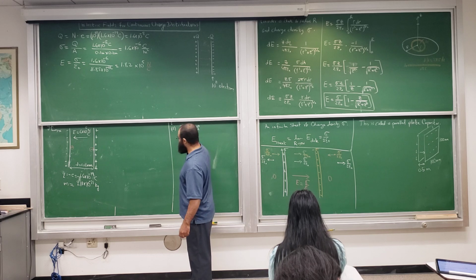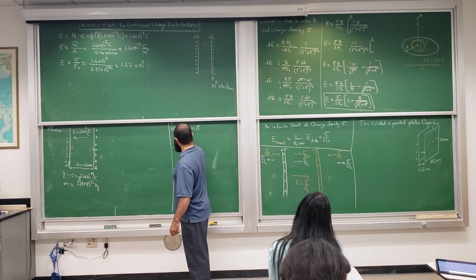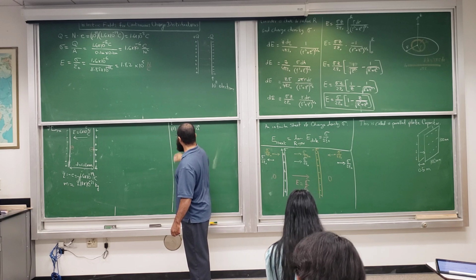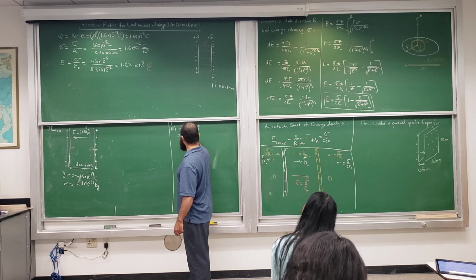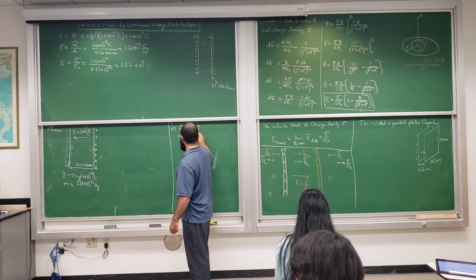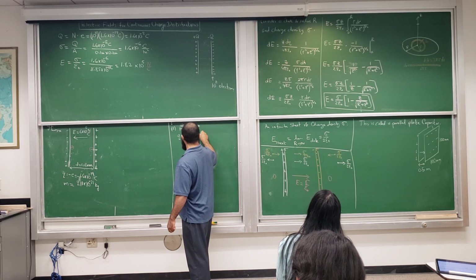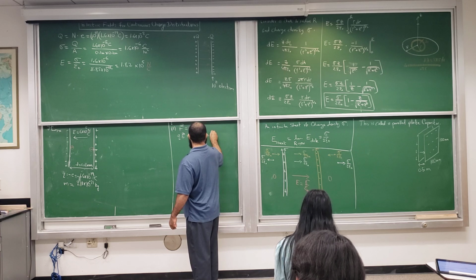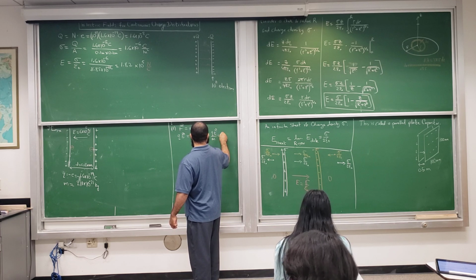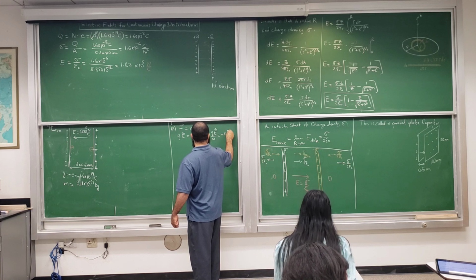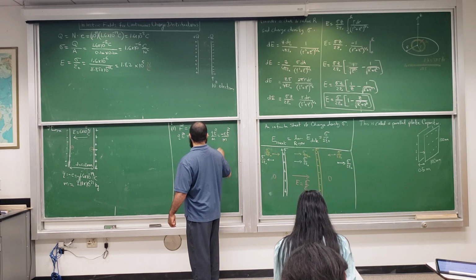So the force is the charge times the electric field, and that's equal to ma. And so a will equal QE over m, which is minus little e times capital E over m.